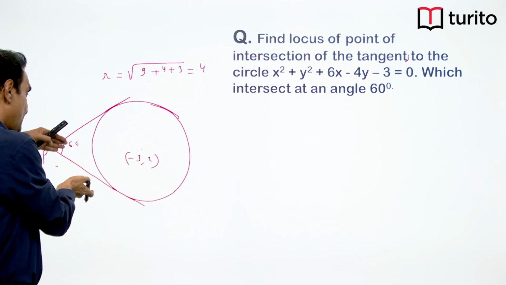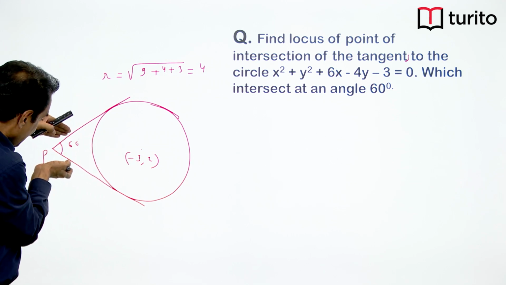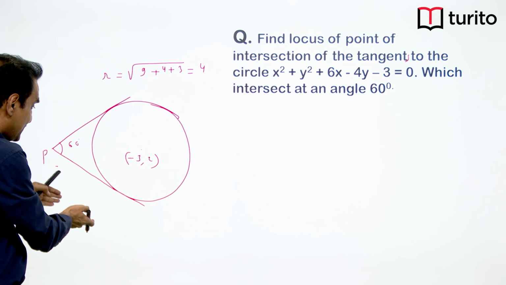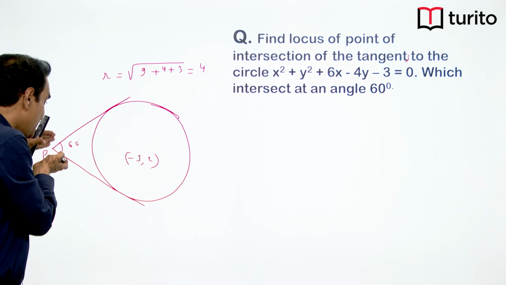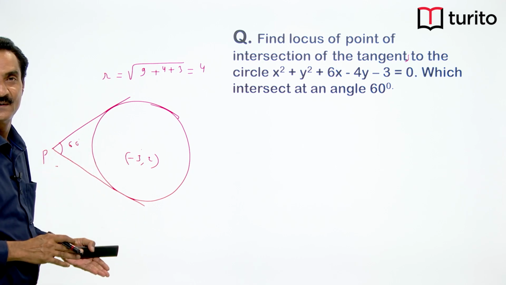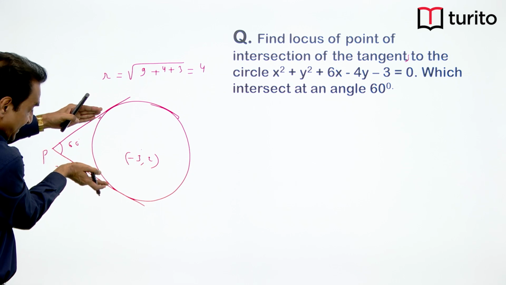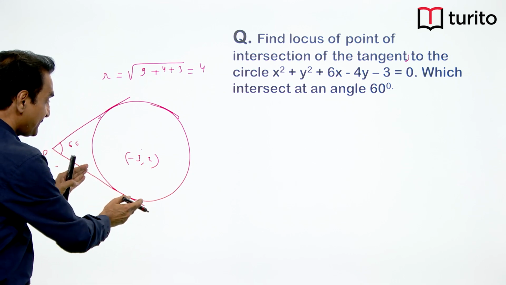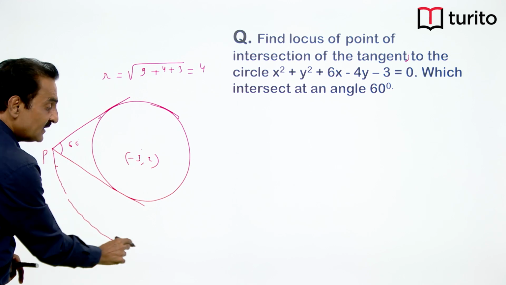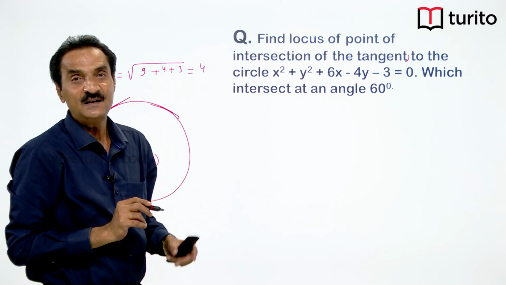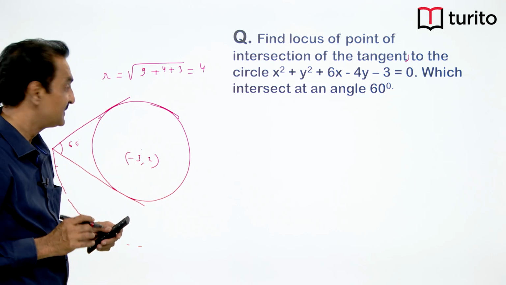So, the tangents will vary, but angle is always 60 degrees. Now, if you move these tangents like this, you can easily say that the locus of P is going to be another circle. Can't you imagine? You can visualize these two tangents moving like this. Okay. Then P will be moving on another circle with center minus 3 comma 2, that you can visualize.